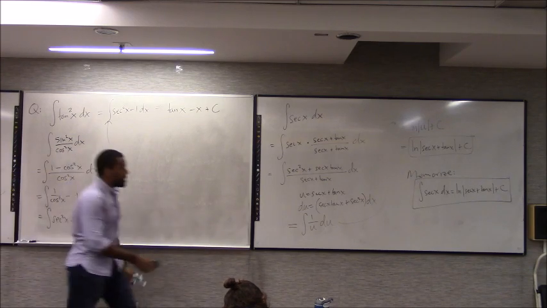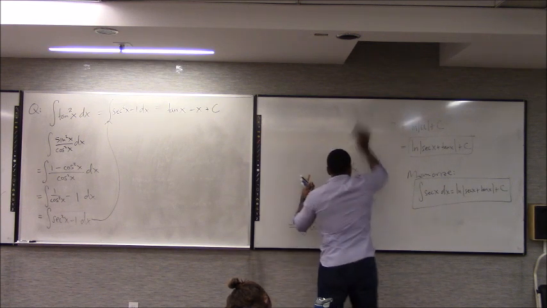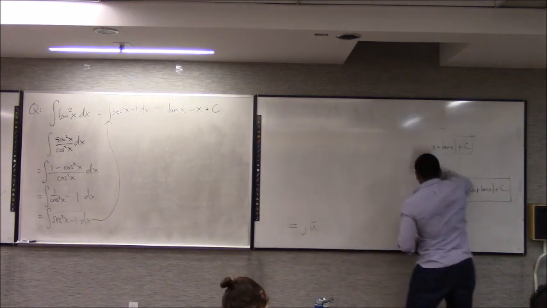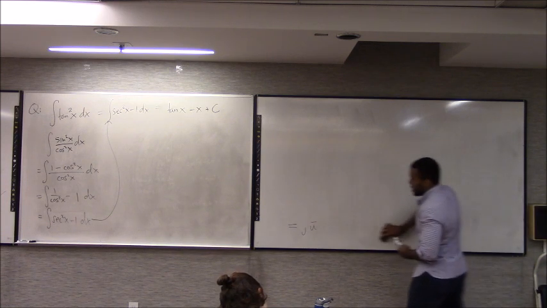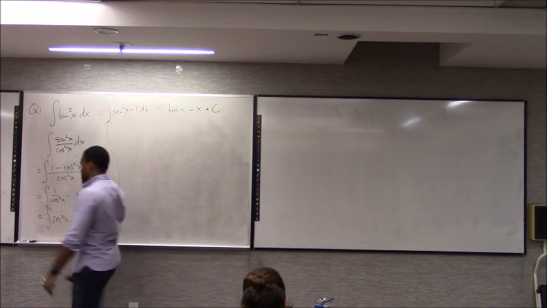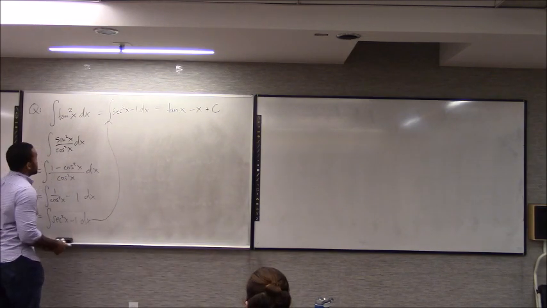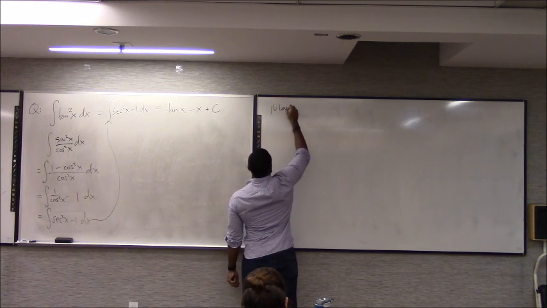All right, let's get into the meat and potatoes of the section, right? So these two things, being able to integrate secant and tangent, that's going to be useful. But just in general, having awareness of how your trig identities can come into play is useful. But now let's go to the main event.